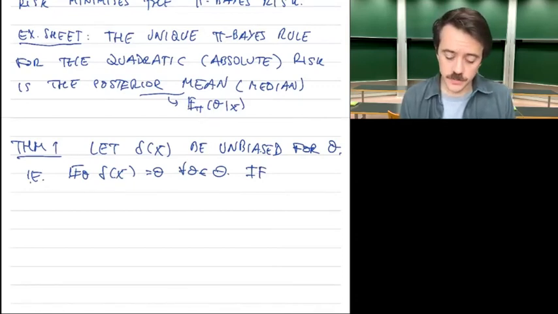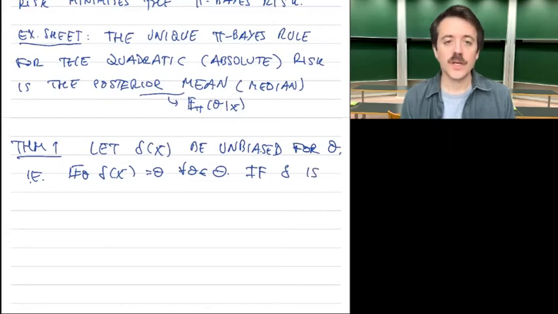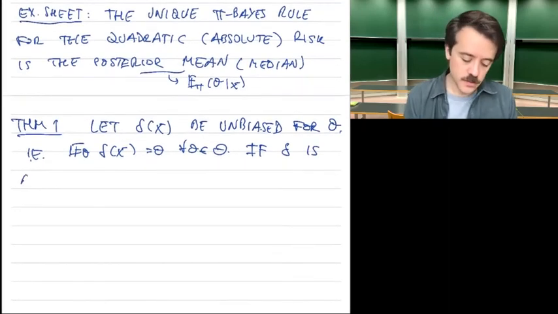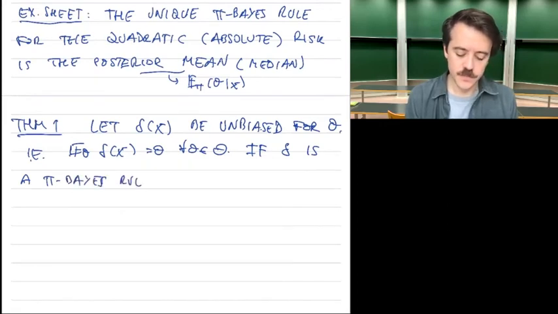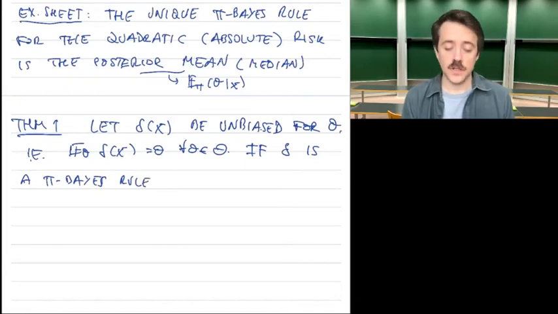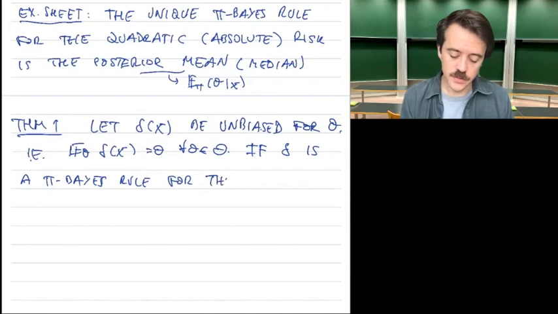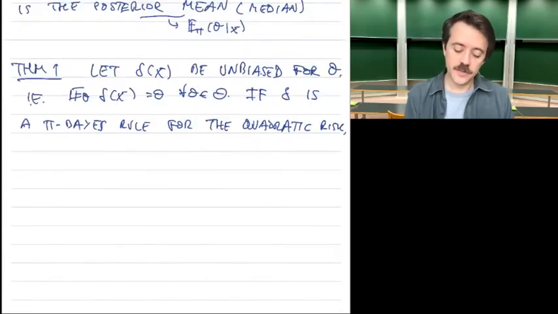So if delta is a pi Bayes rule for the quadratic risk, and of course for some prior, then what do we have?